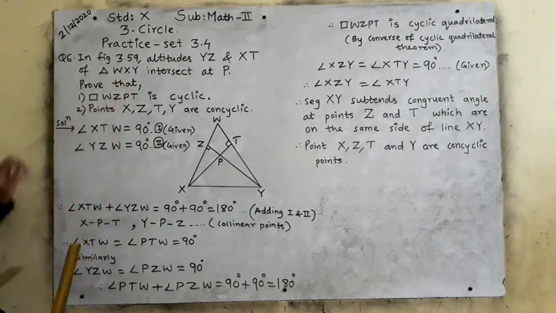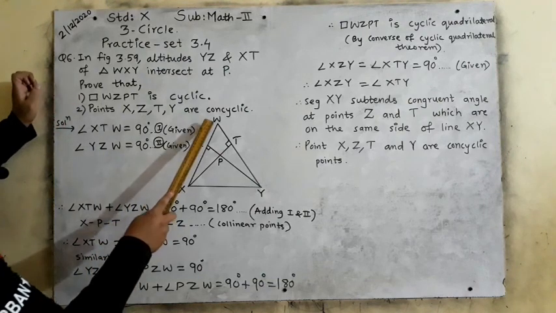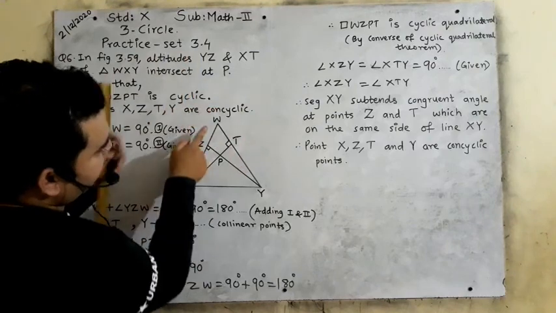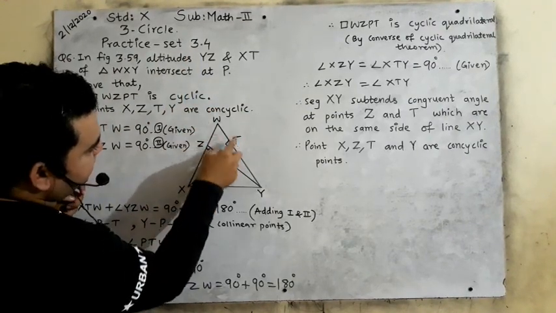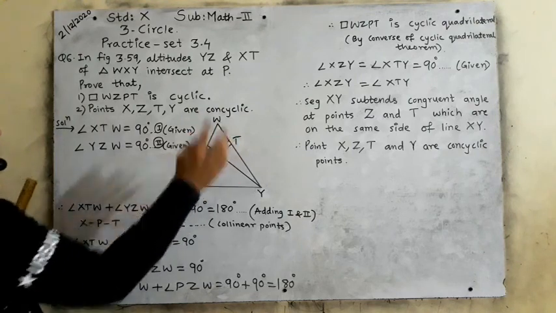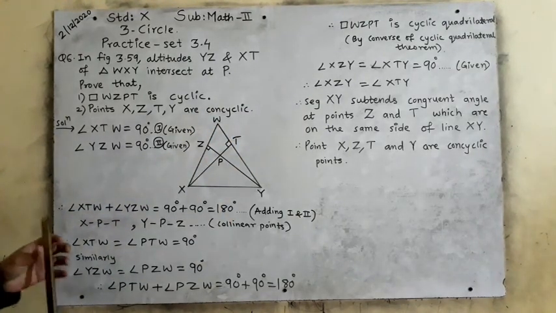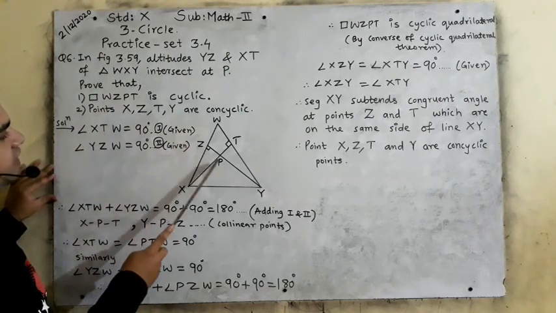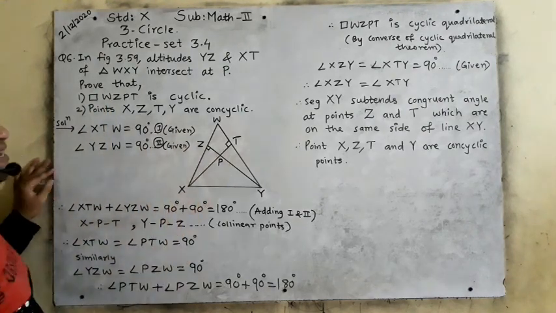We have to prove that number 1, quadrilateral WZPT. Focus here only. WZPT, it is a quadrilateral. See, it is having 4 sides, 4 vertices, 4 angles, 4 sides. So we have to prove that WZPT is cyclic.